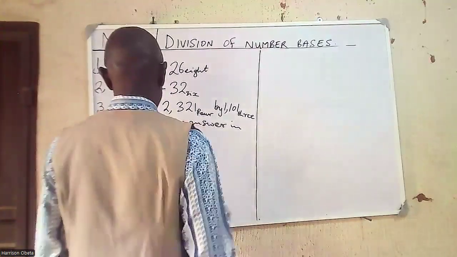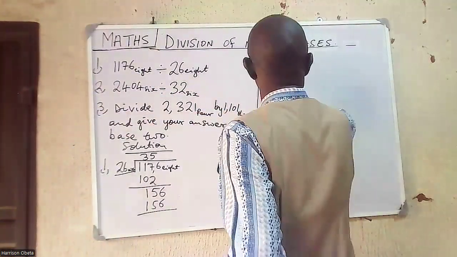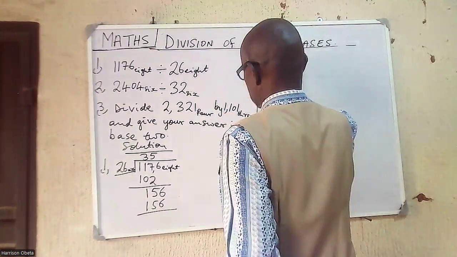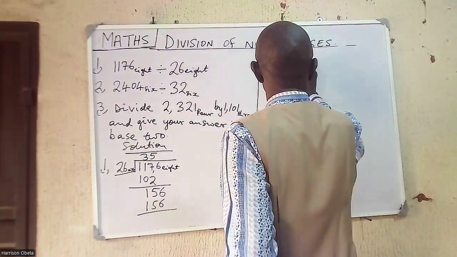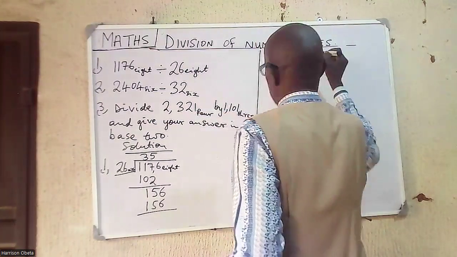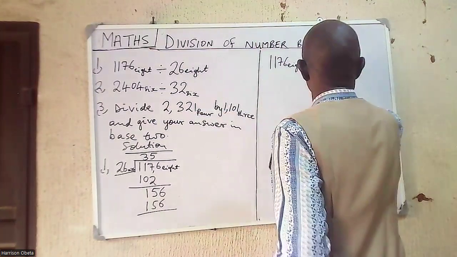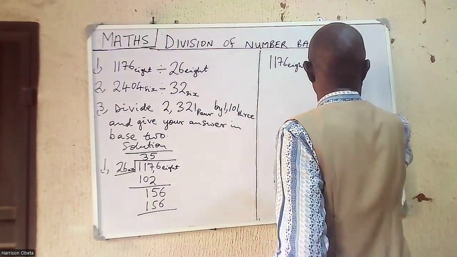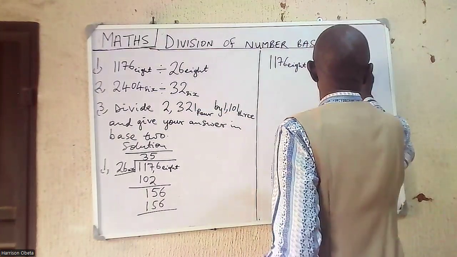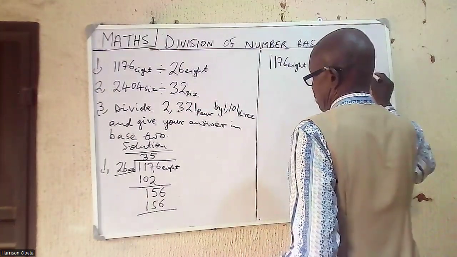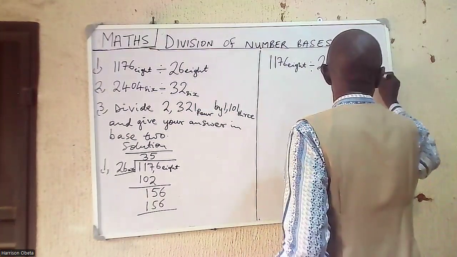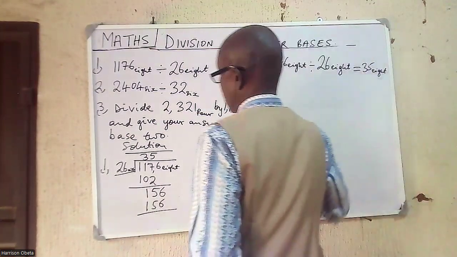And it means then that 1176 base 8 divided by 26 base 8 is equal to 35 base 8. And that is our answer.